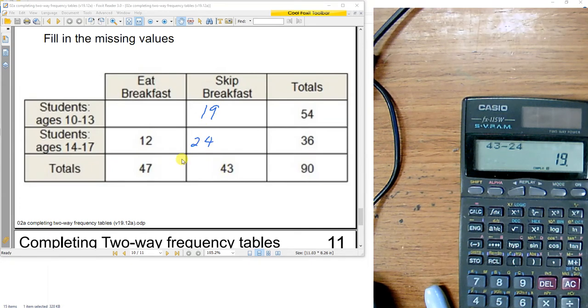That looks good. How about 47 minus 12? 35. So this is the 35 right there, because 35 plus 12 is 47. It adds up going down. It adds up going down. It adds up going down. And it adds up going across.